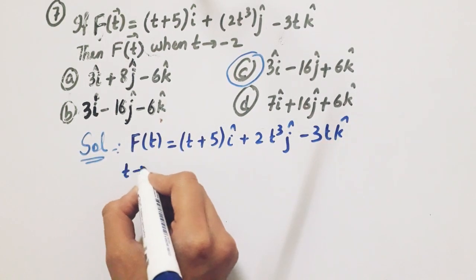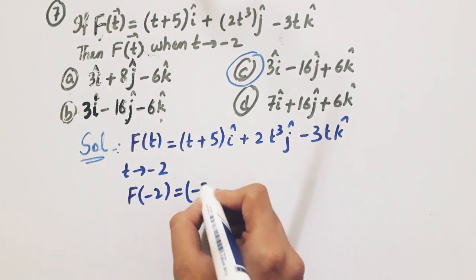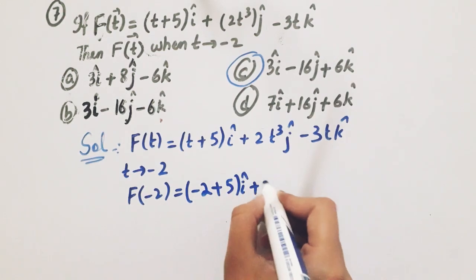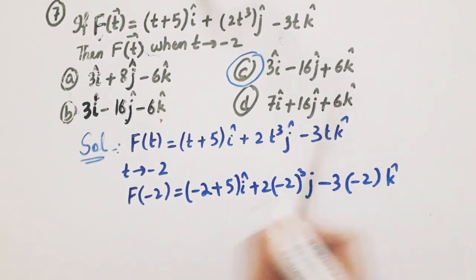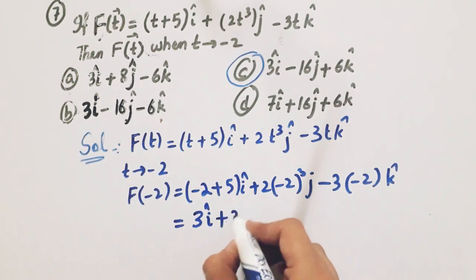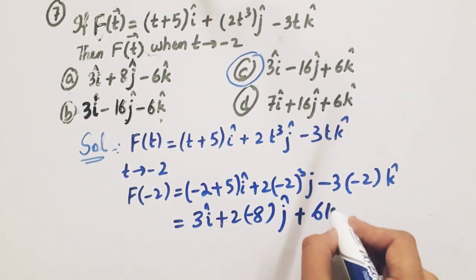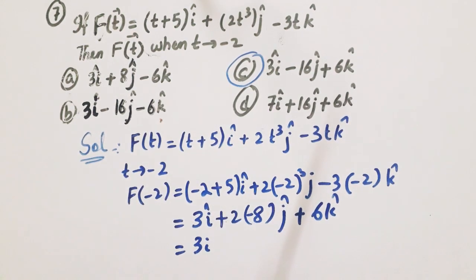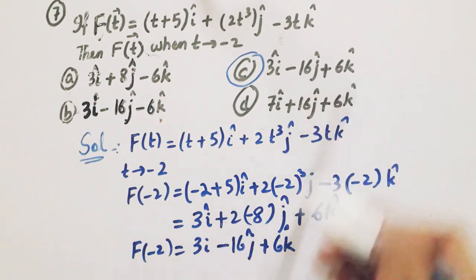Now t approaches minus 2, so we put t equal to minus 2. Then f of minus 2 will be equal to minus 2 plus 5 i plus 2 into minus 2 cube j minus 3 into minus 2 k. Now 5 minus 2 is 3, this is 3i, plus 2 into minus 2 cube is minus 16j, plus 6k. So the final answer of this MCQ is 3i minus 16j plus 6k.